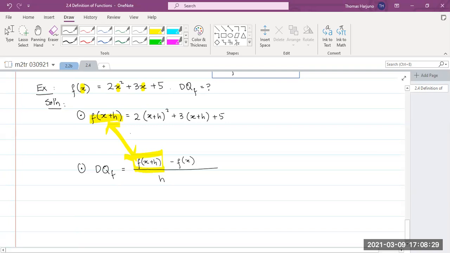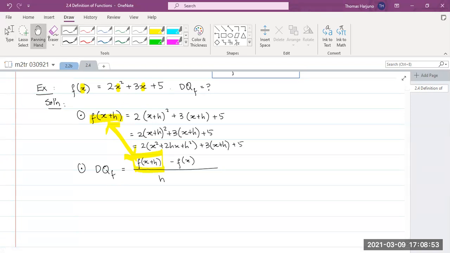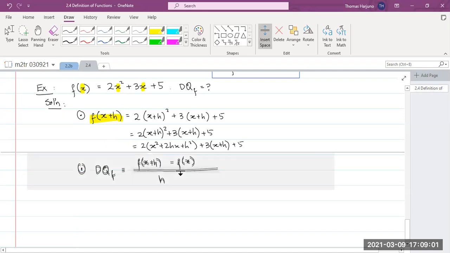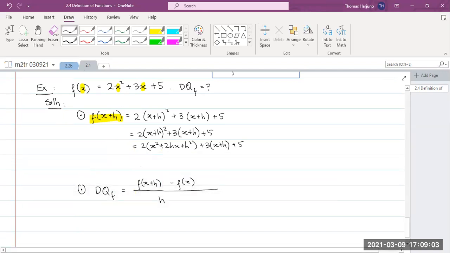This will be 2 times (x plus h) squared plus 3 times (x plus h) plus 5. That is 2 times (x squared plus 2hx plus h squared) plus 3 times (x plus h) plus 5. Let me give myself more space, and then let me distribute.